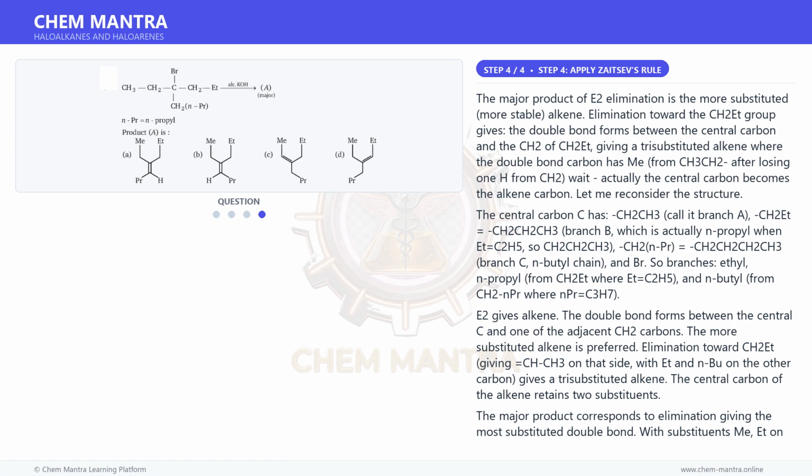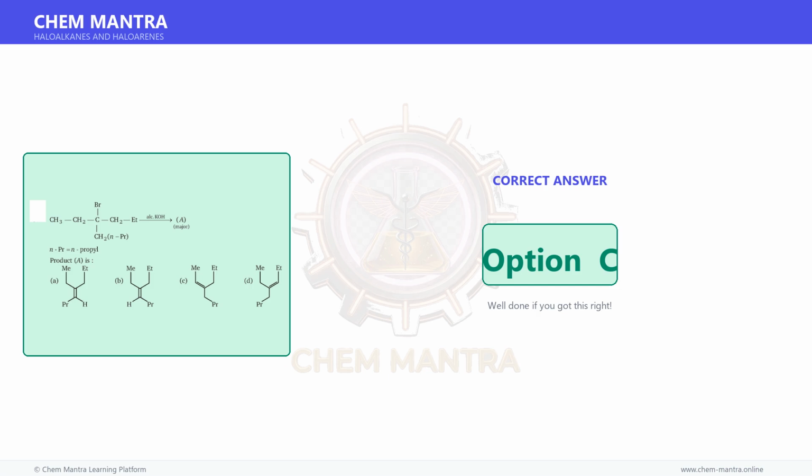Options A and B show less substituted or differently connected alkenes. Option D has a different connectivity. Option C is the most substituted alkene product consistent with Zaitsev's rule for this tertiary bromide under E2 conditions. Therefore, the correct answer is option C.